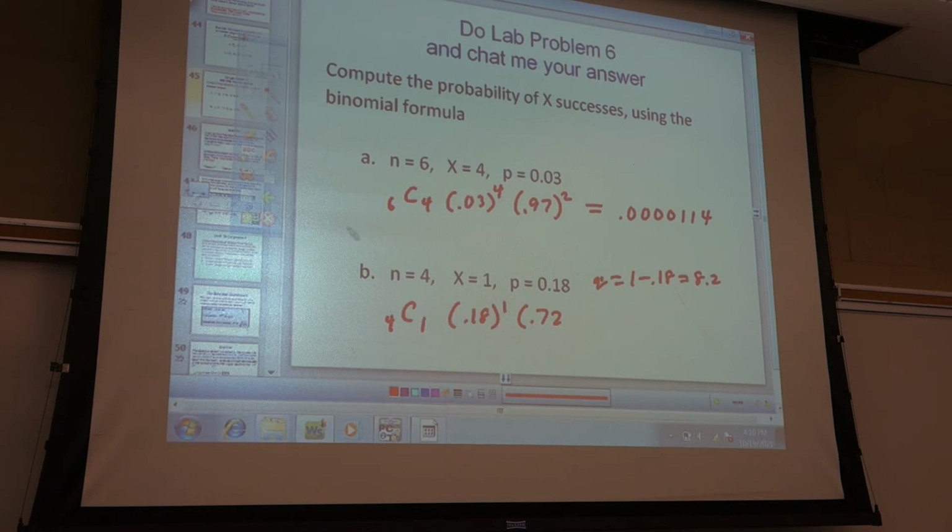My bad. Raised to the value of, if I have 1 success out of 4, how many failures do I have? 3. So what did you folks get for that answer? 0.39698. So 0.397 if you round to 3 decimals. Good?